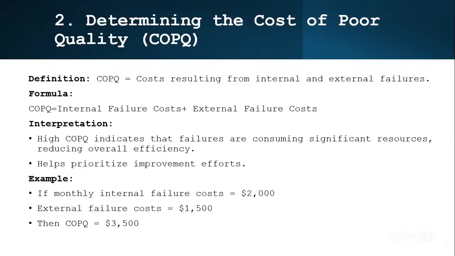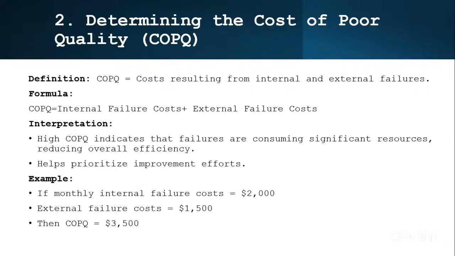So once you realize, for example, that your cost of poor quality is higher than the cost of quality, then there's a problem. Of course, that helps us prioritize improvement efforts.